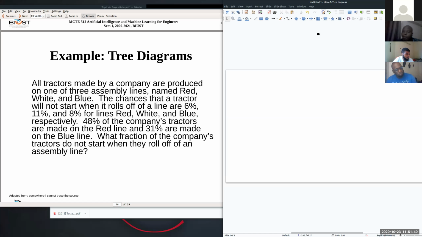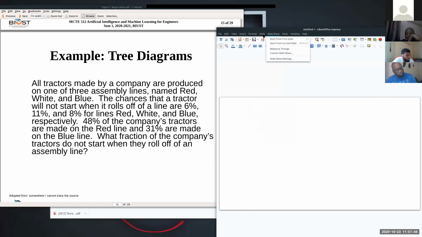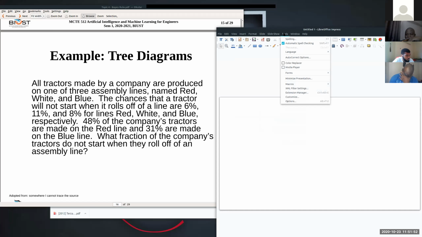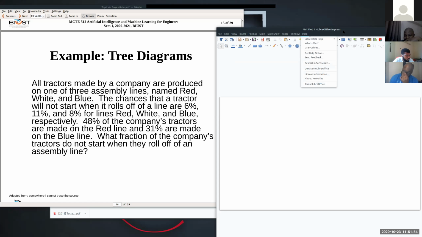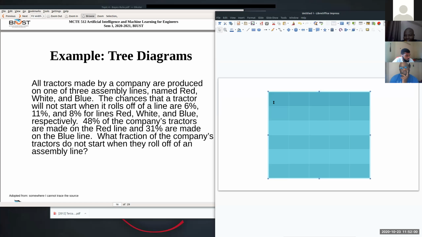Insert. Is there a table? Anyway, I have to make it faster because we're running out of time.